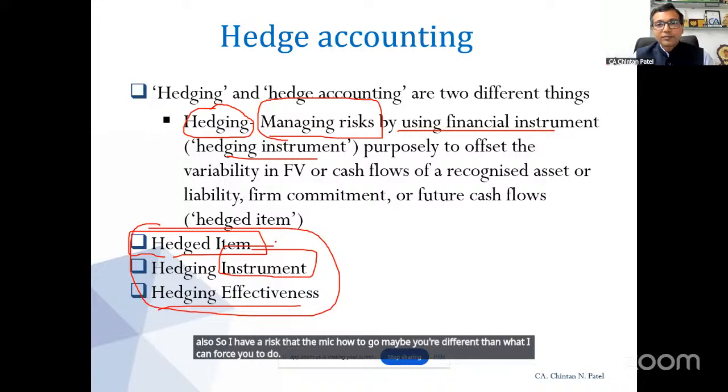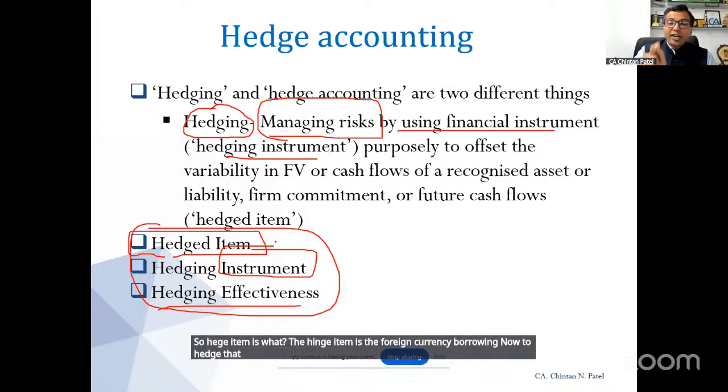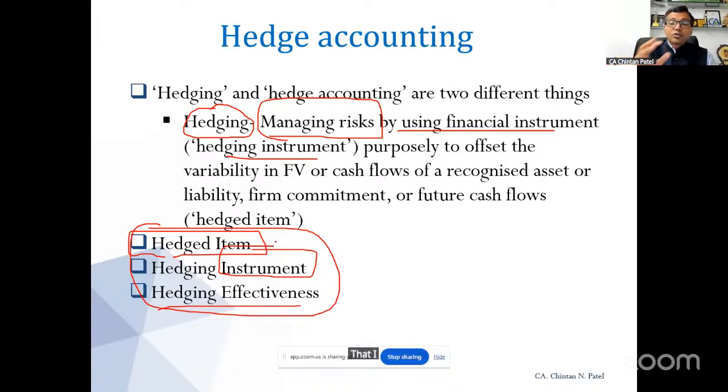So what is the hedge item? The hedge item is the foreign currency borrowing. Now to hedge that foreign currency borrowing, I have entered into a contract with a bank where I ensure that my foreign currency has been pegged at 85 rupees.